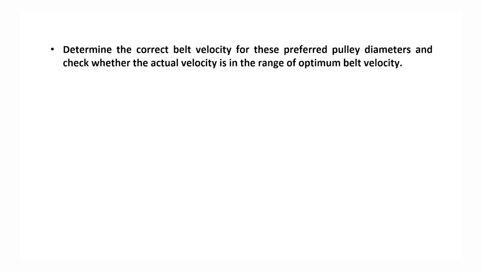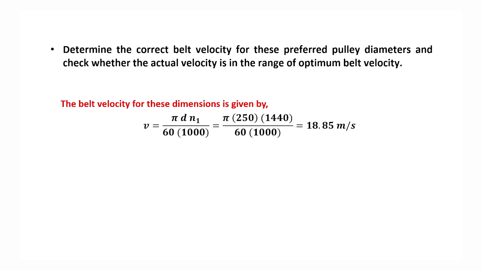Now, determine the correct belt velocity for these preferred pulley diameters and check whether the actual velocity is in the range of optimum belt velocity or not. The belt velocity for these dimensions is given by the diameter of the pulley which we have selected, 250.